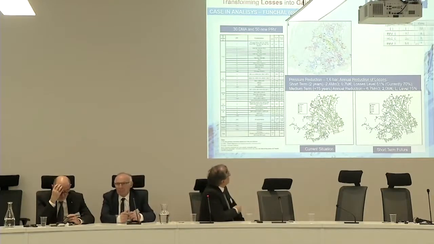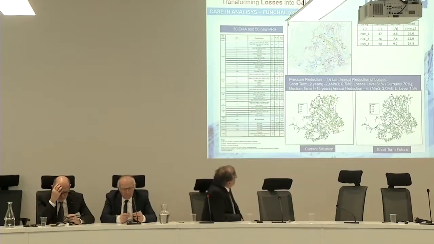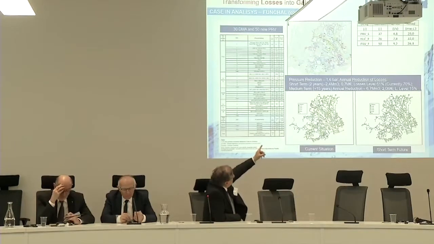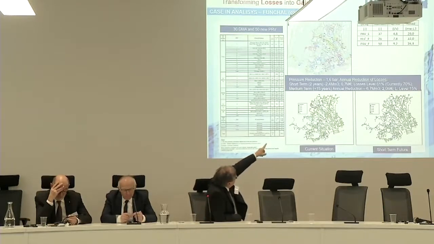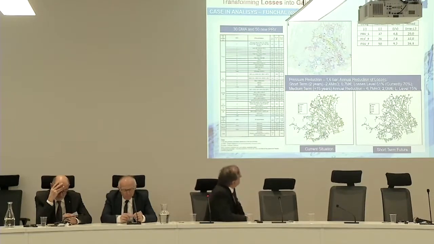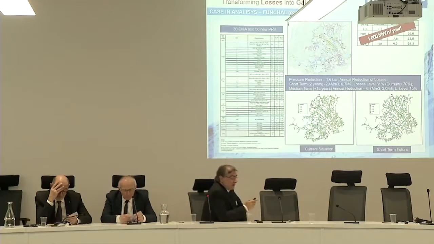So, once again, this is the average situation, the pressure reducing valves, the head loss chambers, and the future pressure reducing valves, 50 valves. We'll put 50 valves in the system to reduce and transform the situation. We could potentially produce this energy in this real situation.